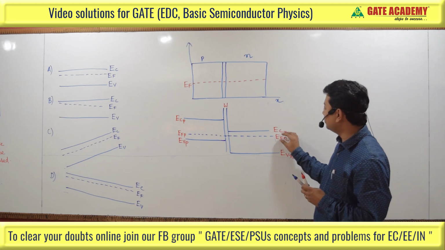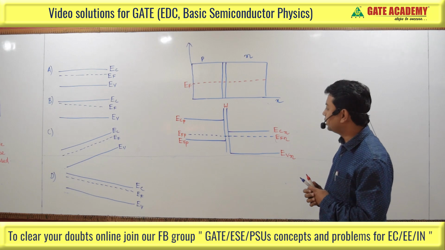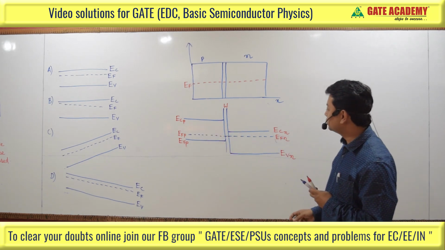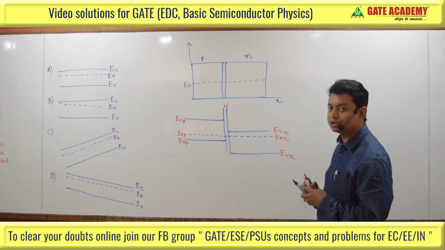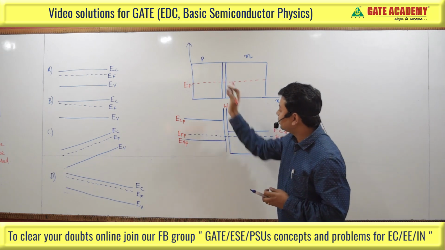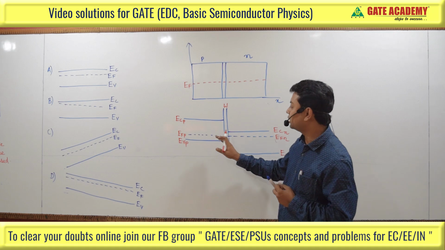This Fermi energy level is because of the presence of electrons in a particular band. So according to that, we have these Fermi energy level concepts. In N-type semiconductor, we have free electrons present in the conduction band, and in P-type semiconductor, we have holes as the majority charge carrier.